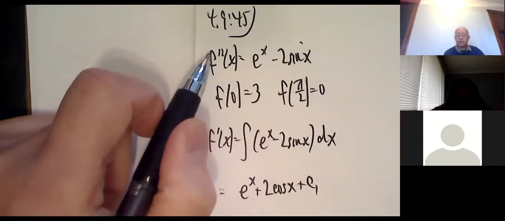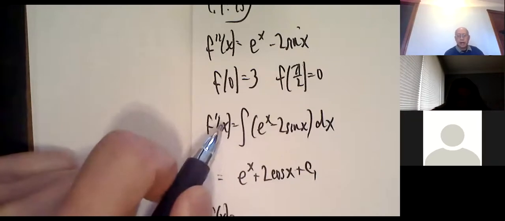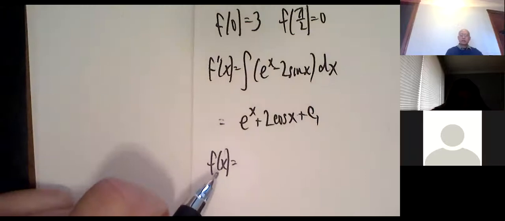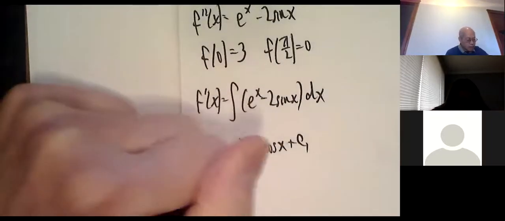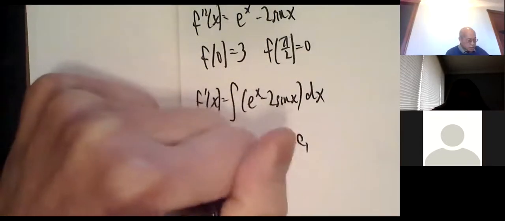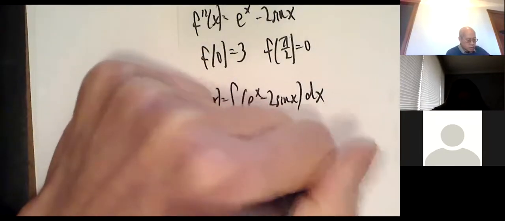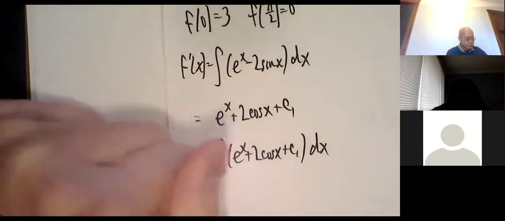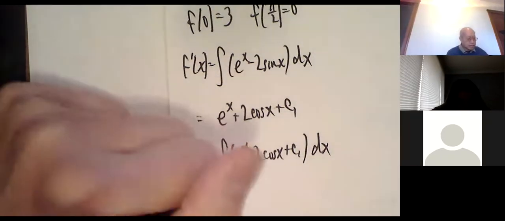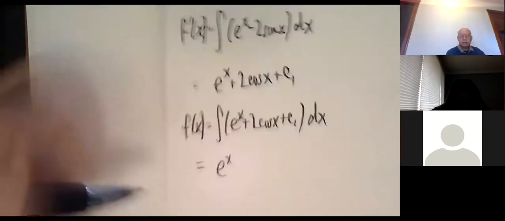What was the original f? So you integrate once to get back to f prime, integrate again, finally get f. So we integrate (e to the x plus 2 cosine x plus c1) dx. Integral of e to the x is e to the x.